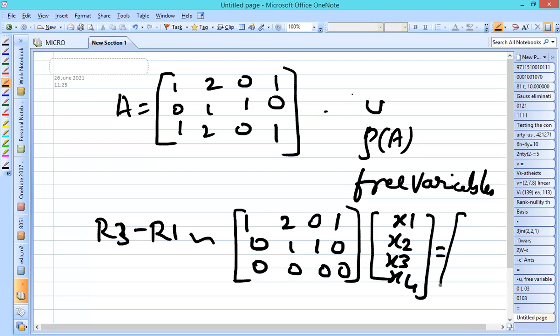Since no b is given, in order to find the free variables, I'll be writing all these values as 0, 3 zeros here. Since 3 rows are there, on the right hand side for b, you'll be having 3 zeros in the column.